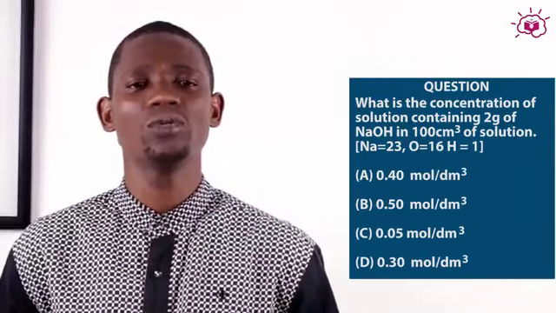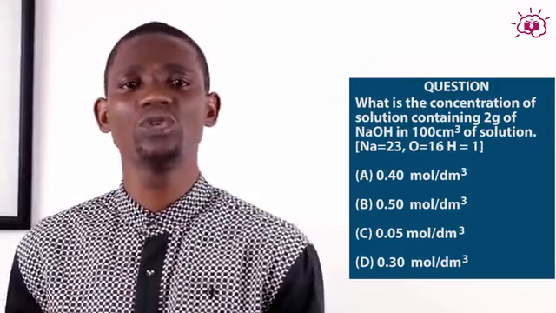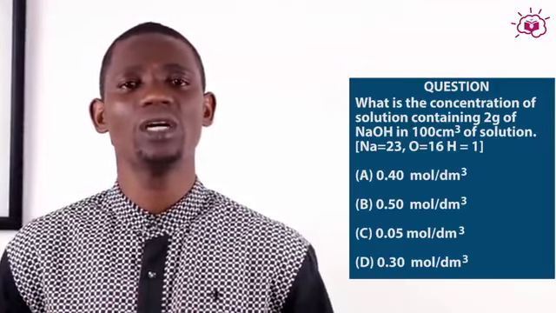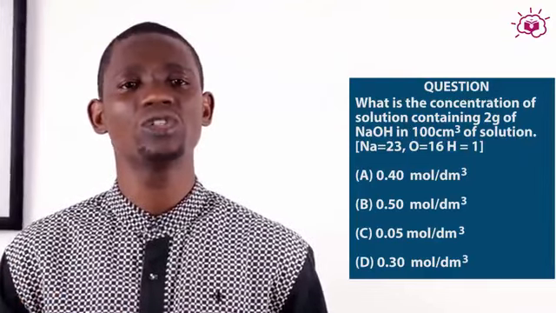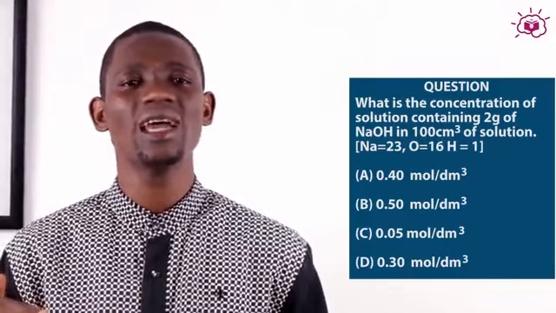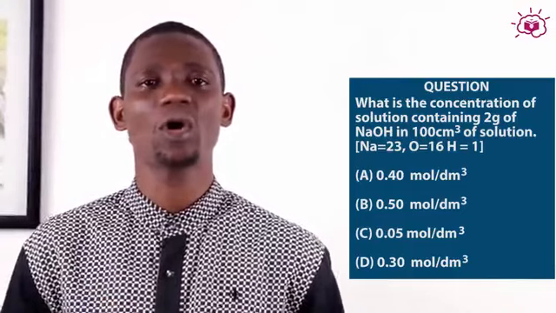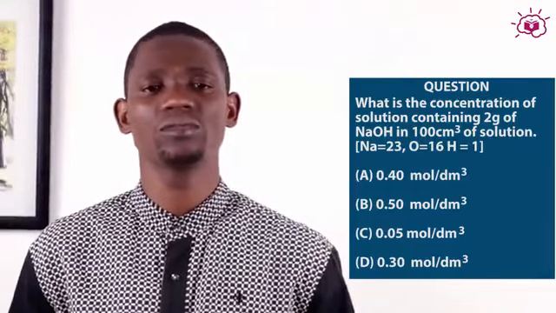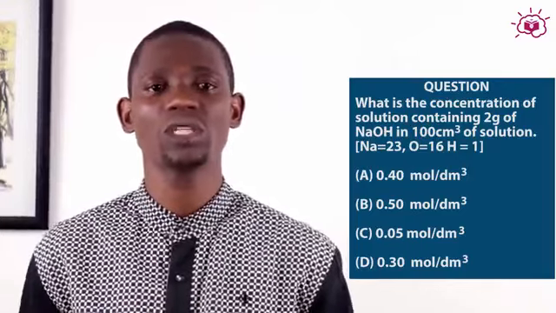Then we also know that the number of moles in a solution is given by this formula: number of moles is equal to molar concentration times volume in cm3 divided by 1000 cm3, to convert the number of moles into molar concentration. But in this expression, we don't know the molar concentration, because that is what we were asked.